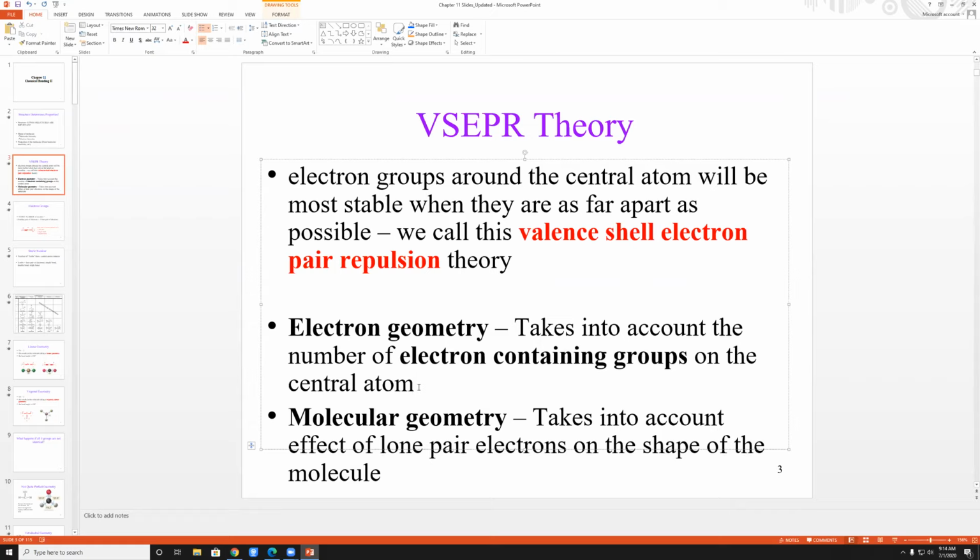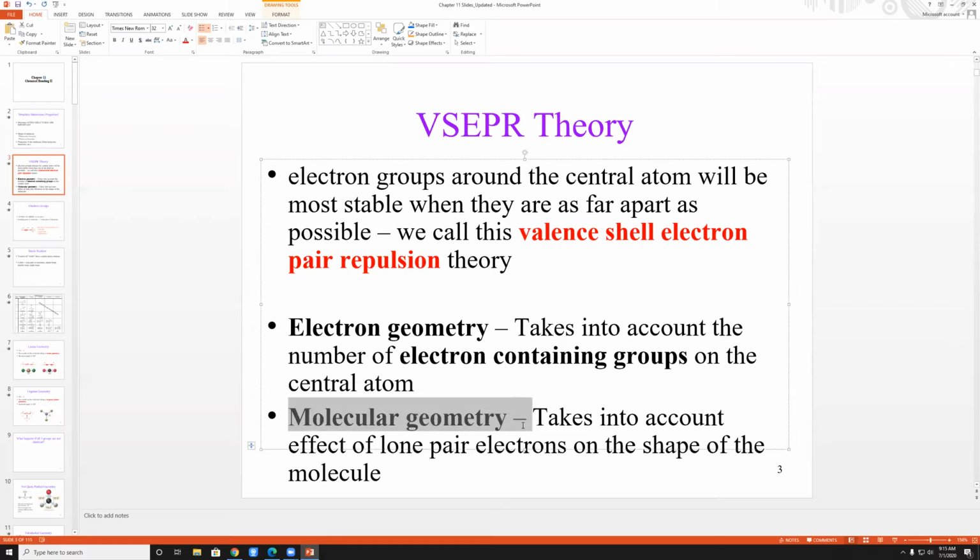A lone pair of electrons is an electron-containing group. A single bond is an electron-containing group. A double bond is an electron-containing group, and a triple bond is one as well. We're going to talk about steric number, but I like to call them limbs off the central atom. I'll explain that in a second.